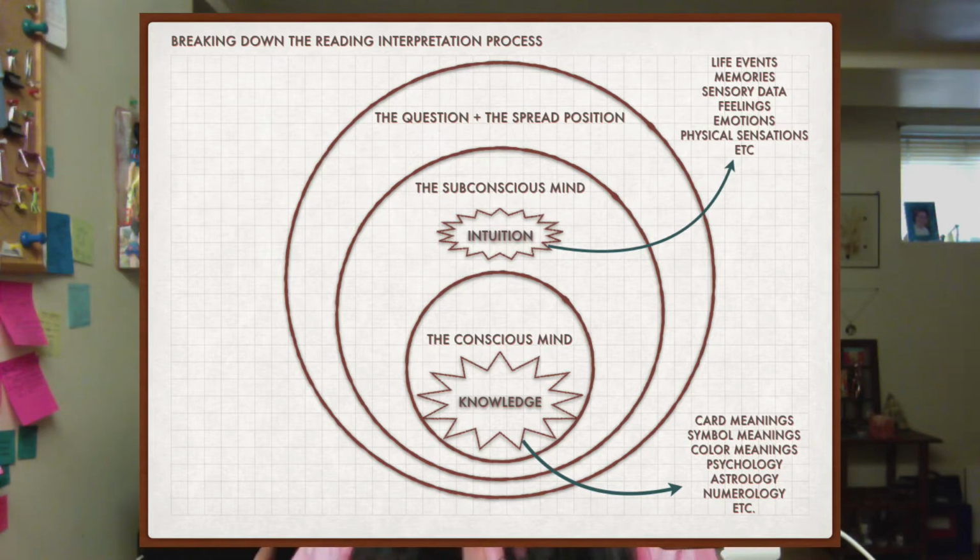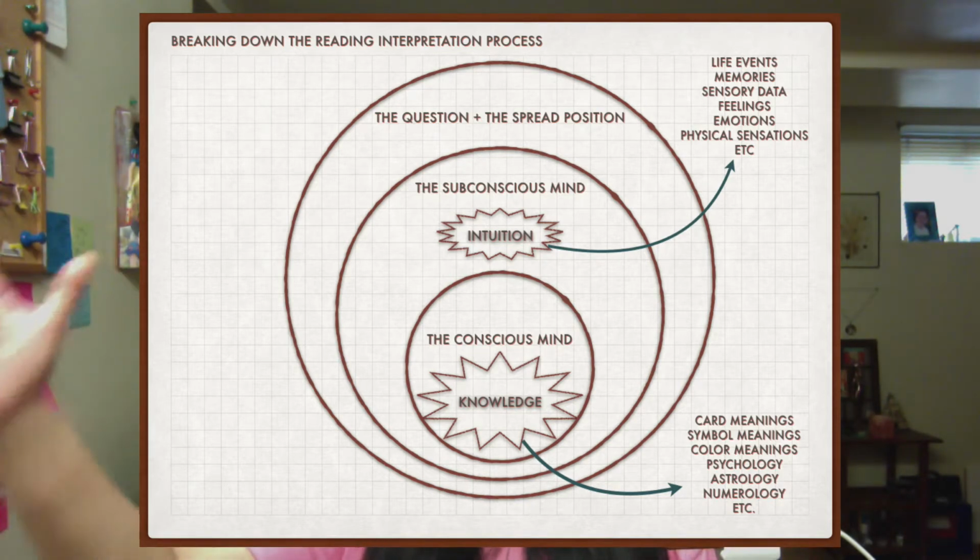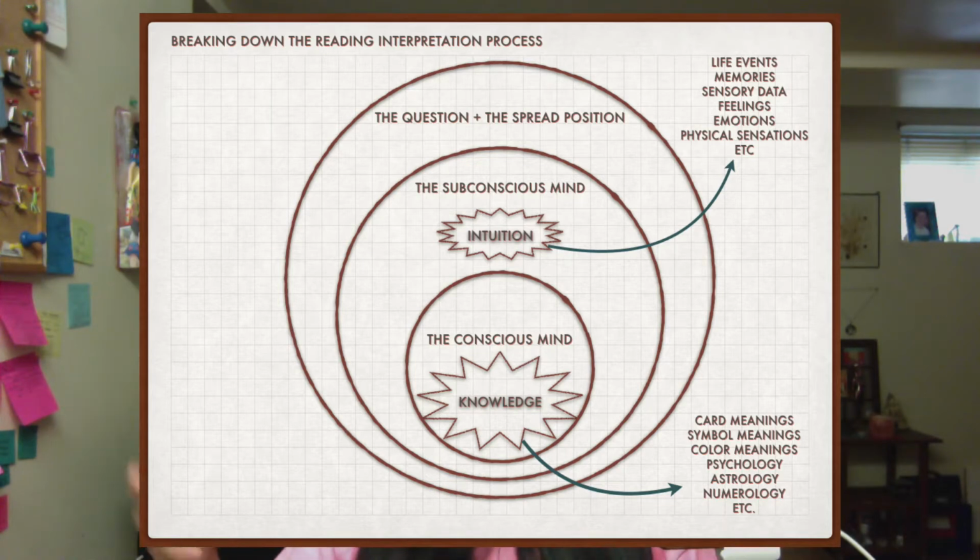Now that is a part also of your subconscious, where everything that we know from before, your life events, your memories, your sensory data, your feelings, emotions, all of that is also stored in your subconscious mind. So the conscious mind brings in that knowledge angle. The subconscious mind, through your intuition, brings in that information, right?